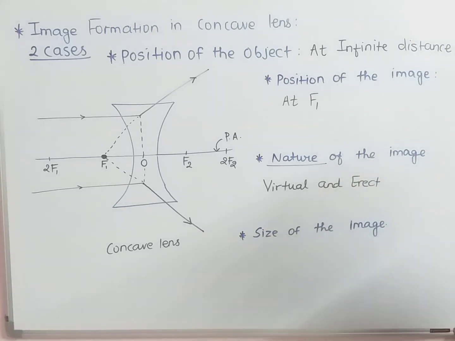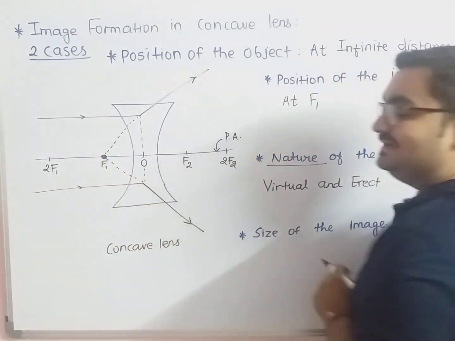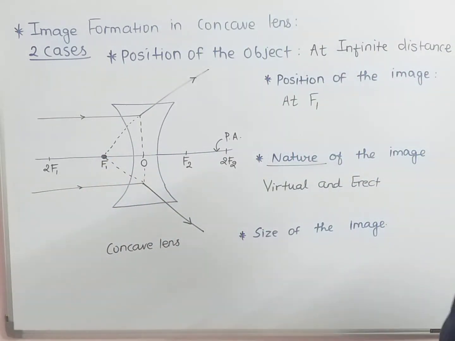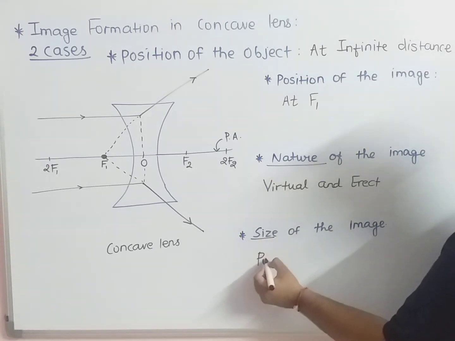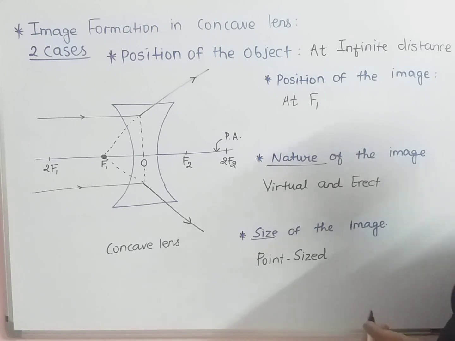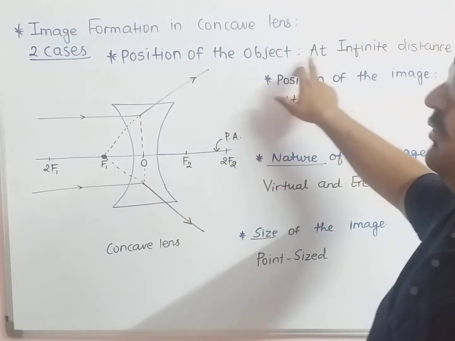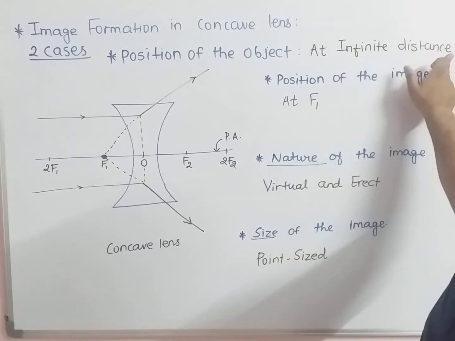Now what is the size of the image? So here you can see it is highly diminished, or in short we can say that it is point sized.